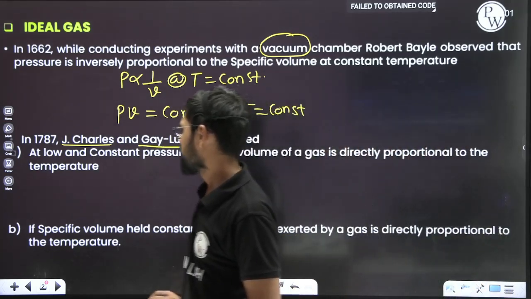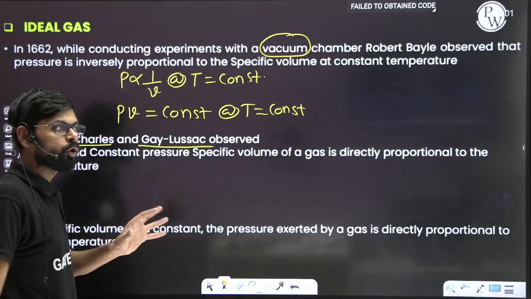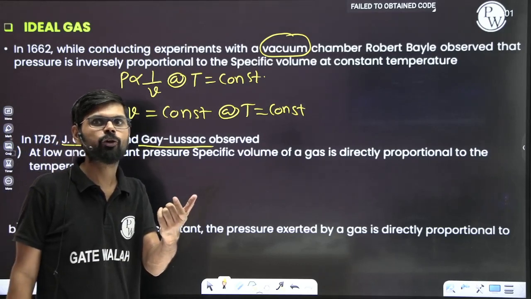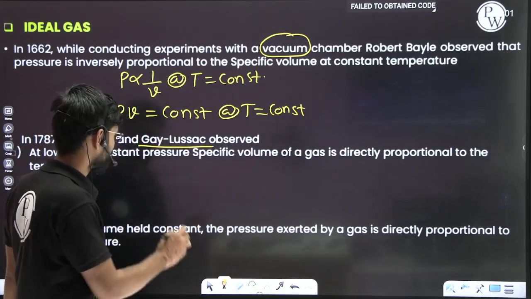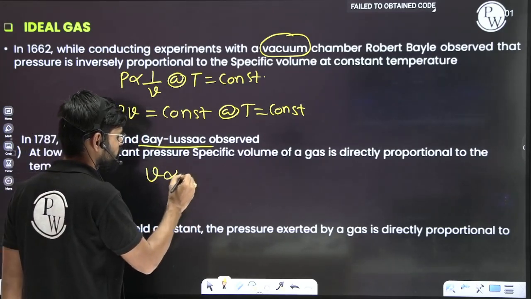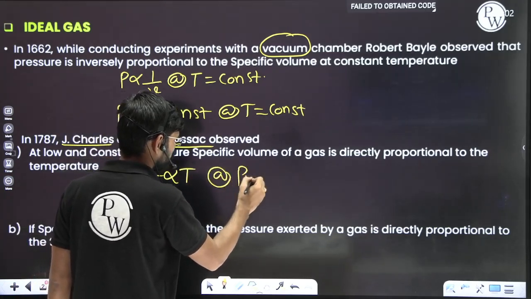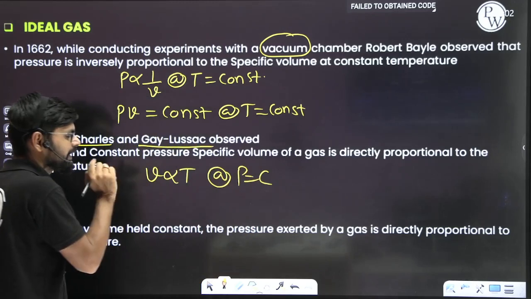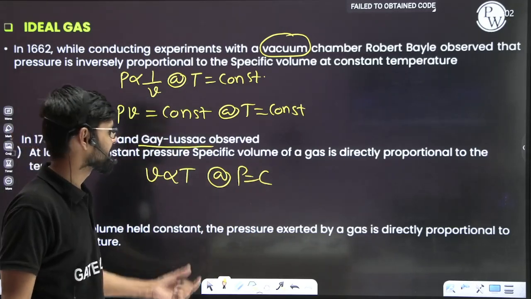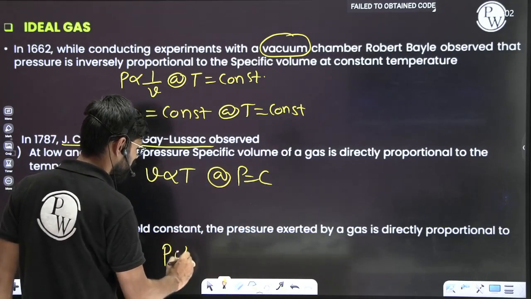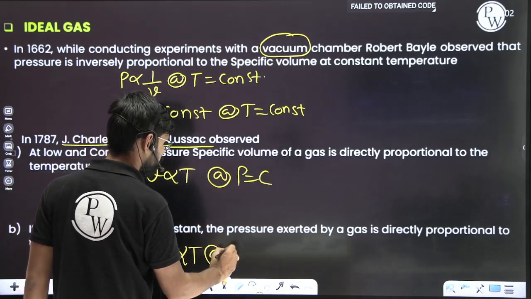The first was that at very low and constant pressure, specific volume is proportional to the temperature, at P equal to constant. And if we maintain specific volume constant, then P is proportional to the temperature, at V equal to constant.